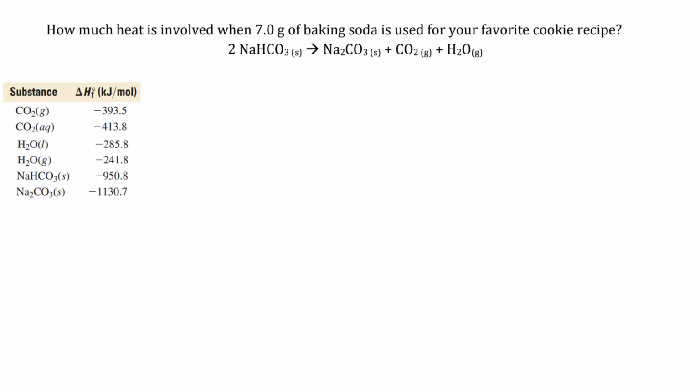How much heat is involved when 7.0 grams of baking soda is used for your favorite cookie recipe? Weird, huh? We had to do the first part so we can figure out the amount of kilojoules for this reaction. So we're trying to find how much heat is involved now.